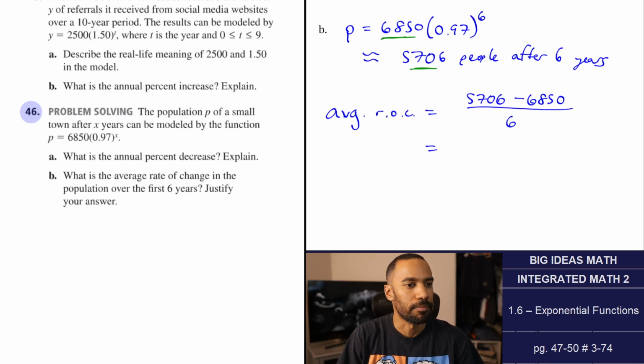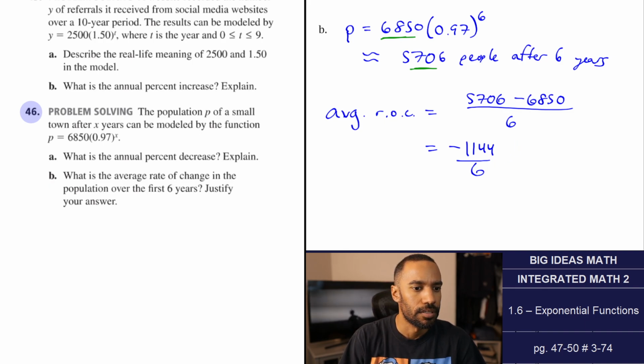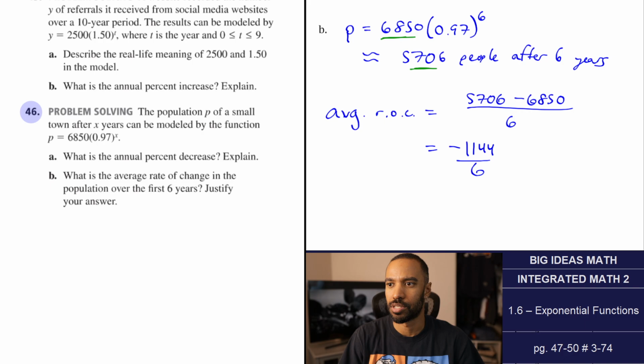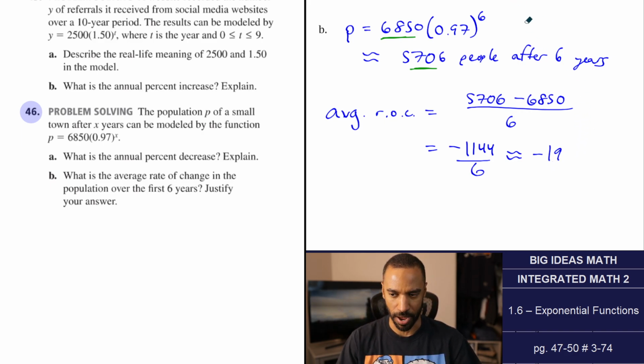So here, I'm going to calculate that. 5706 minus 6850, and that's negative 1144, dividing that by 6, which is negative 190.6 repeating. So negative 190.7 or negative 191. Let's just keep rounding because we're talking about people.